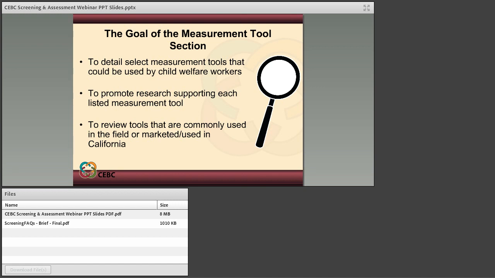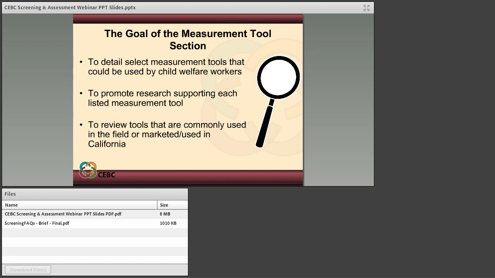And the CEBC also has a focus on reviewing tools that are commonly used in the field or marketed or used in California specifically. It's not uncommon for tools to be given marketing buzzwords like "evidence-based," when in reality there is no empirical support justifying using that term.